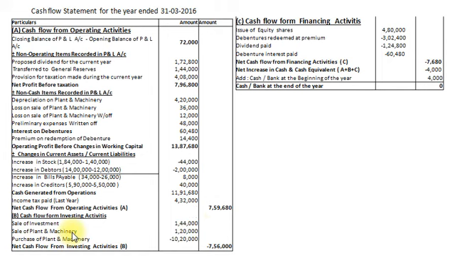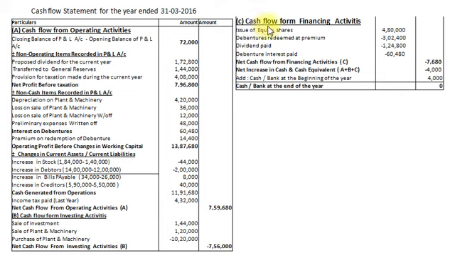Sale of plant and machinery 1,20,000 cash inflow. Purchase of plant and machinery minus rupees 10,20,000 as cash outflow. And finally, we get net cash flow from investing activities rupees 7,56,000 negative.